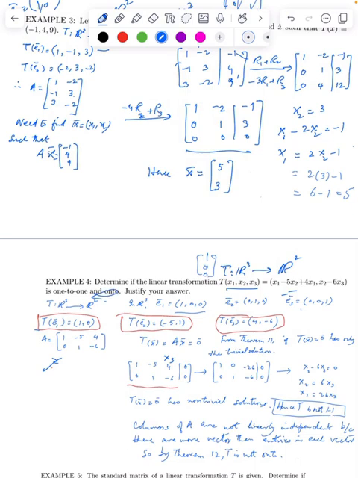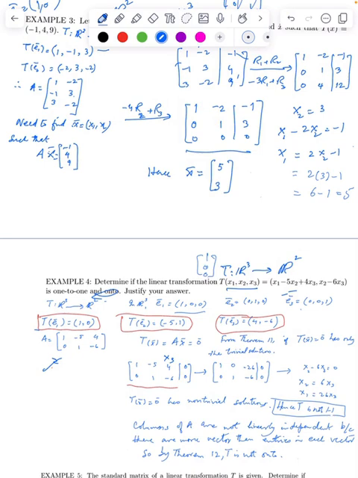Then it also asks, is it onto? For onto, if we can show that the columns of A span R2, then this transformation will be onto.